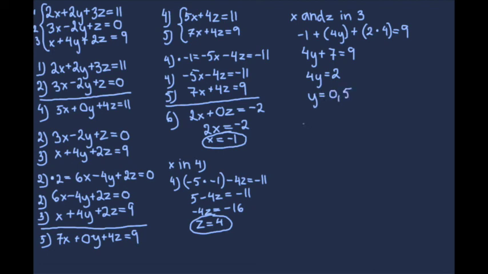Now you also know the value of the variable y, which is 0.5. Our answer is x equals minus 1, z equals 4, and y equals 0.5.